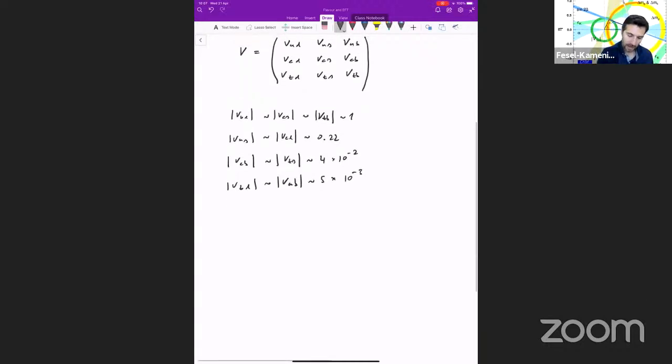So a useful parameterization can make this hierarchical structure of the CKM explicit. One such parameterization, mostly used in the literature, is the so-called Wolfenstein expansion.